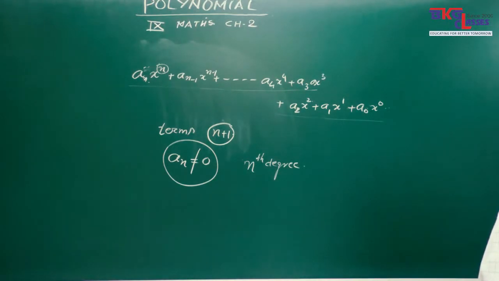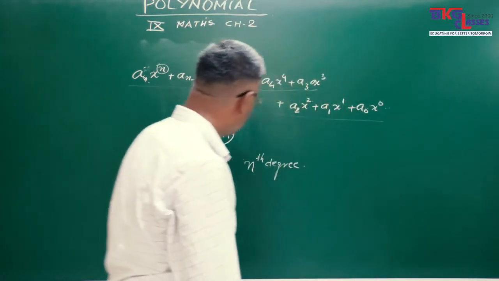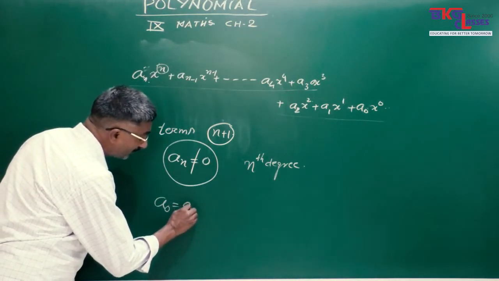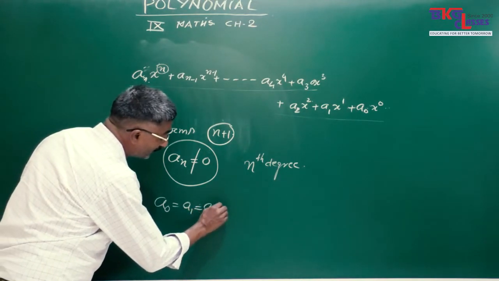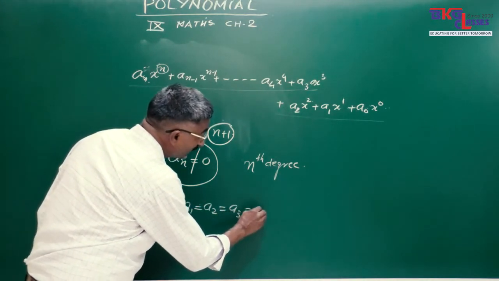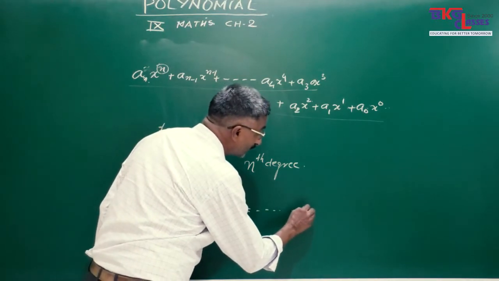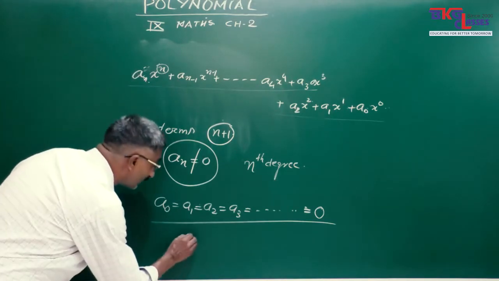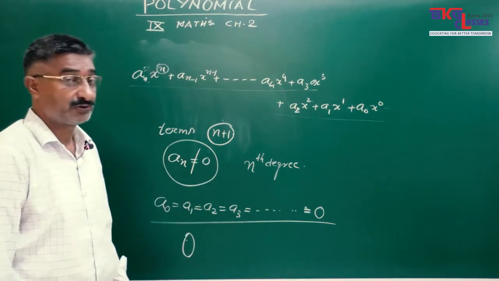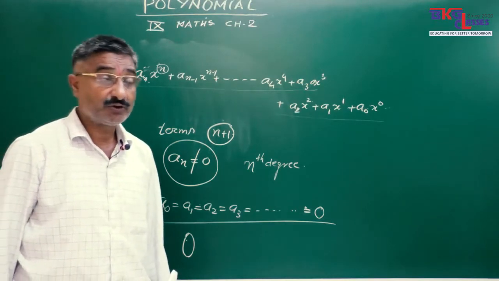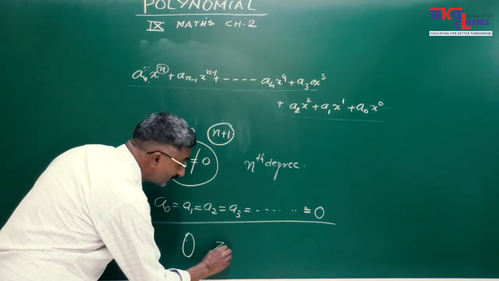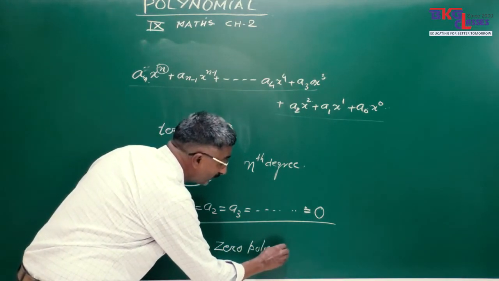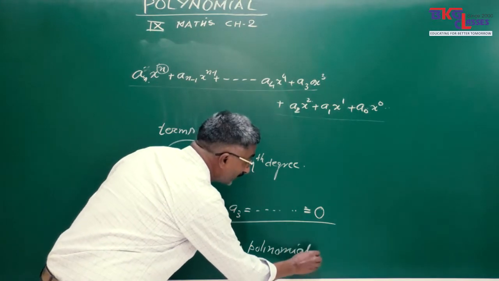Now, one more terminology is there. If a0 is equal to a1 is equal to a2 is equal to a3 is equal to so on is equal to 0, means all the terms are equal to 0, so this is called zero polynomial. Z-E-R-O, zero polynomial.